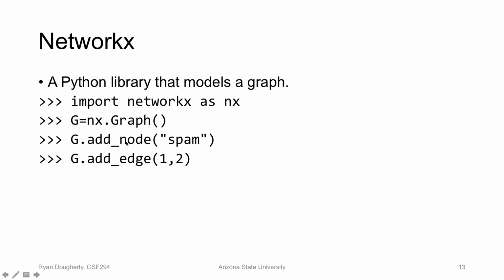So even though I didn't say add node 1, add node 2, when you say add edge, it adds those vertices for you. So technically, I should have 3 vertices here, because I have one that says spam as the name of that vertex, a vertex labeled 1, a vertex labeled 2, and 1 edge between 1 and 2. Okay? Pretty simple?